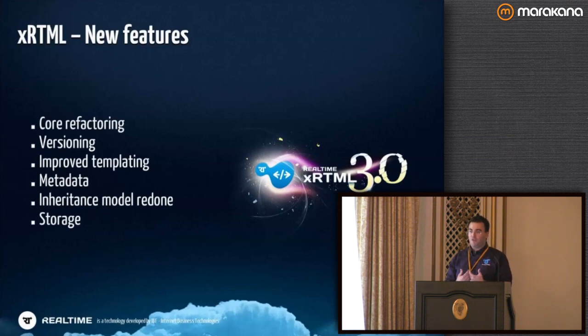So if you really wanted to use this third-party application, you probably wouldn't be able to use the latest version, since you would have to keep the older version working on your browser. With versioning, we can have different objects working with different versions of XRTML, and everything will work for the different applications, be it yours or the application from the third party.